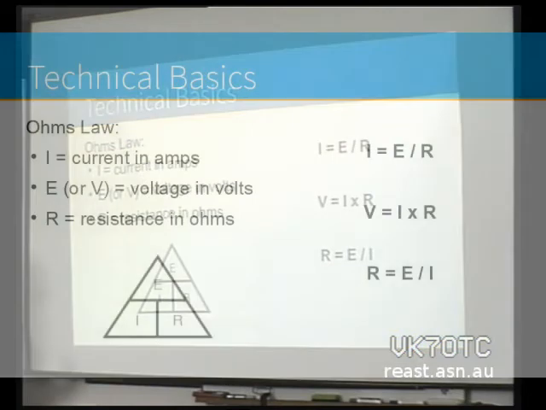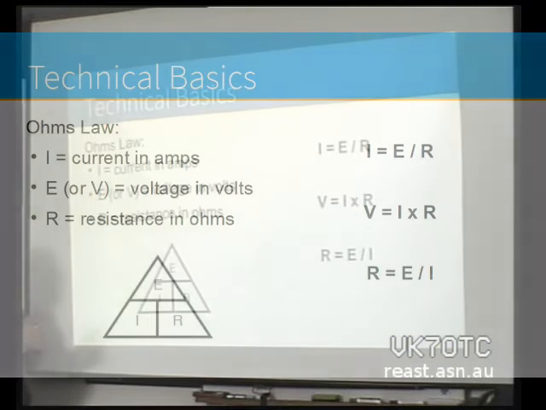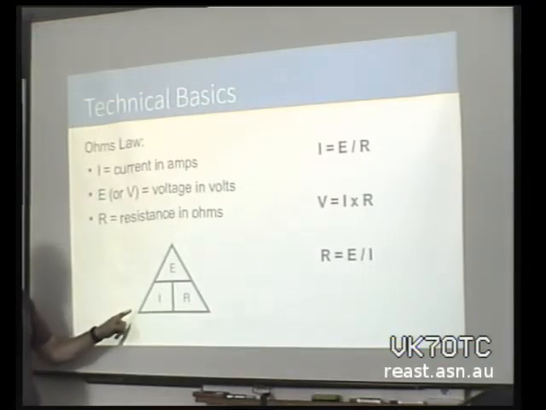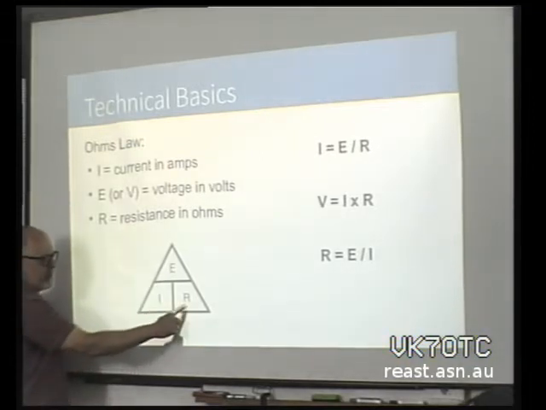Now, this is as hard as the maths gets in foundation licensees. For foundation licensees, you need to know Ohm's law. This is a great way of remembering Ohm's law: the triangle. We've got voltage, we've got current, and we've got resistance.